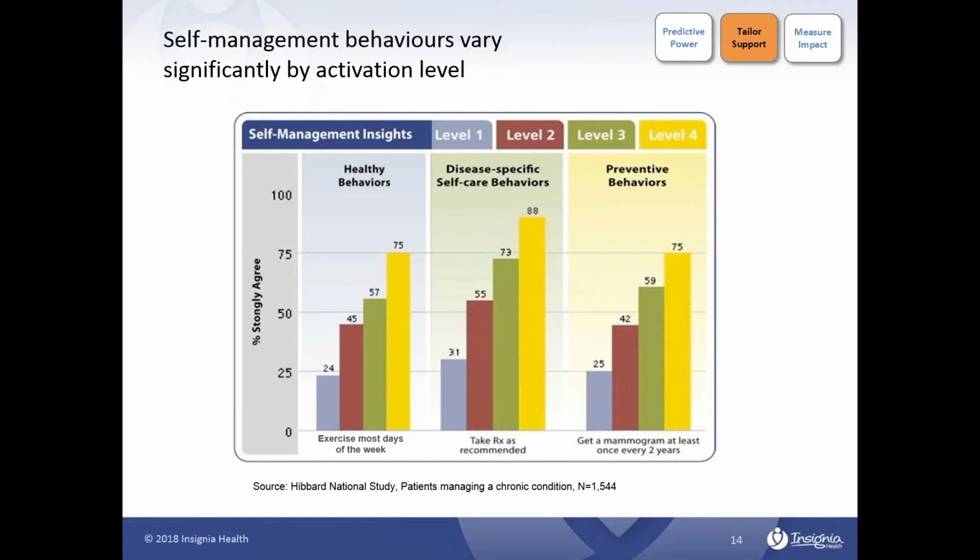So things around lifestyle changes such as exercising, or taking treatments as recommended, or undertaking preventative programs like mammograms, pap smears, bowel cancer screening. Always you'll get this sort of profile where higher activated patients are much more likely to undertake those healthy behaviours, whereas lower activated patients are not.